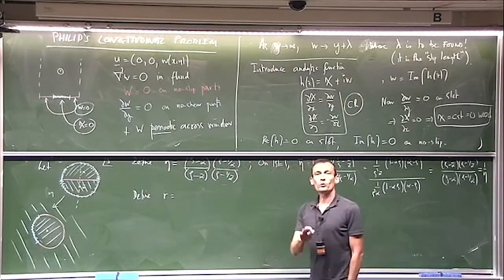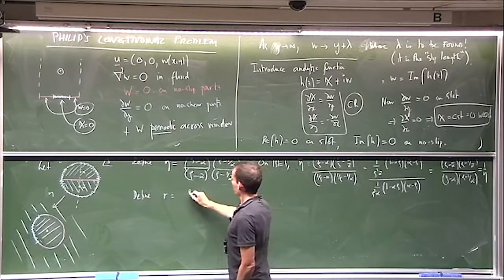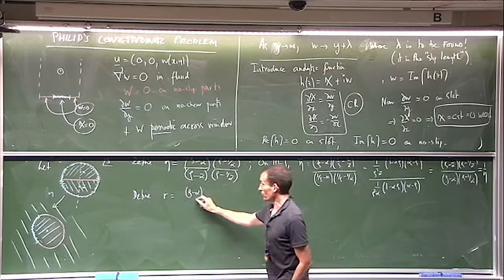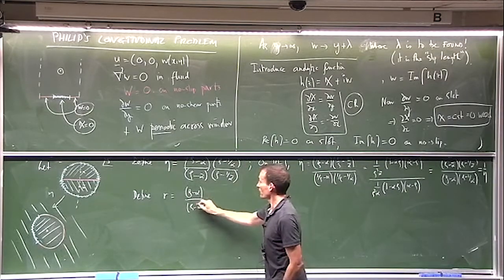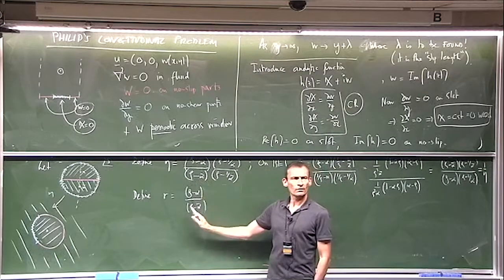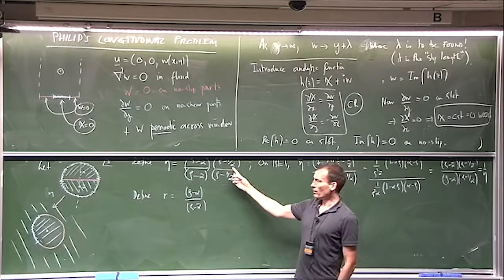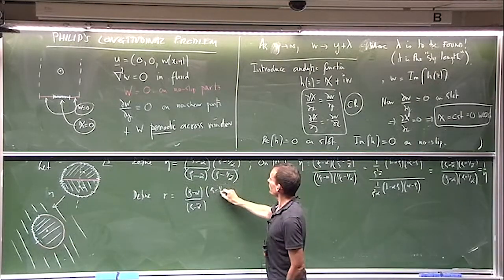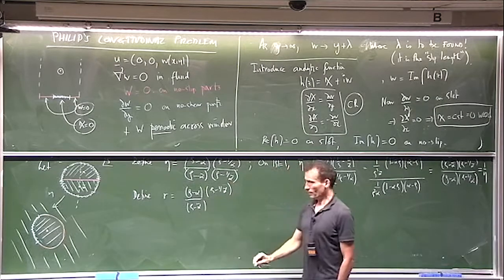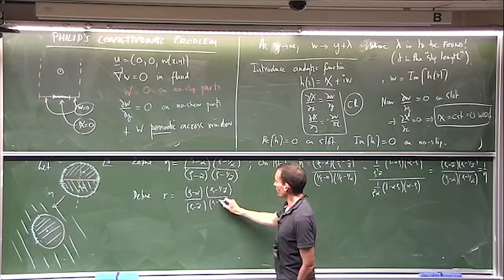I'm going to introduce one more conformal map. Everybody watch. The first two terms are exactly the same as these two. But this one's got zeta minus 1 over alpha on the top. I'm going to make that zeta minus 1 over alpha bar. And on the bottom, I'm going to put the other way. So in other words, I've inverted this one.